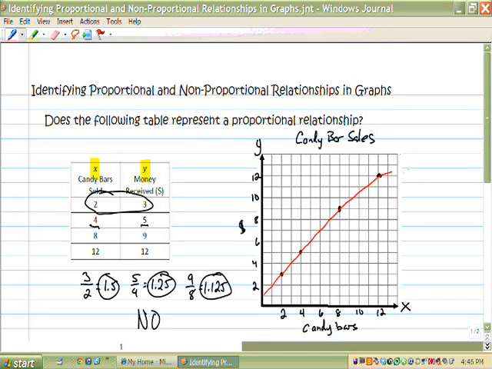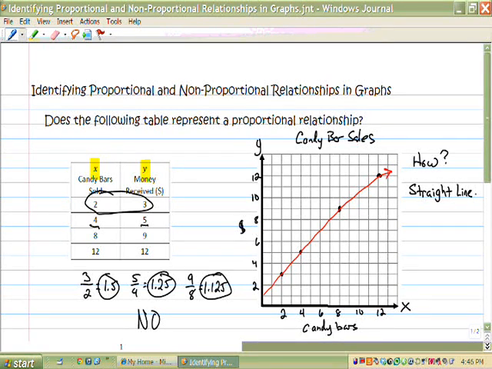Okay? Now, if I want to determine, is this proportional? You would say no. And then how do you know? You're saying, well, how, Mr. Jones? How? Well, it's very easy. There are 2 things that need to exist in a graph in order for it to represent a proportional relationship. First of all, it has to be a straight line.